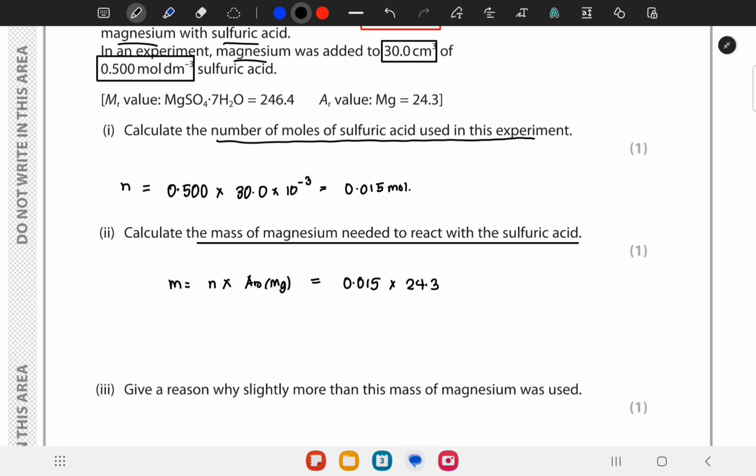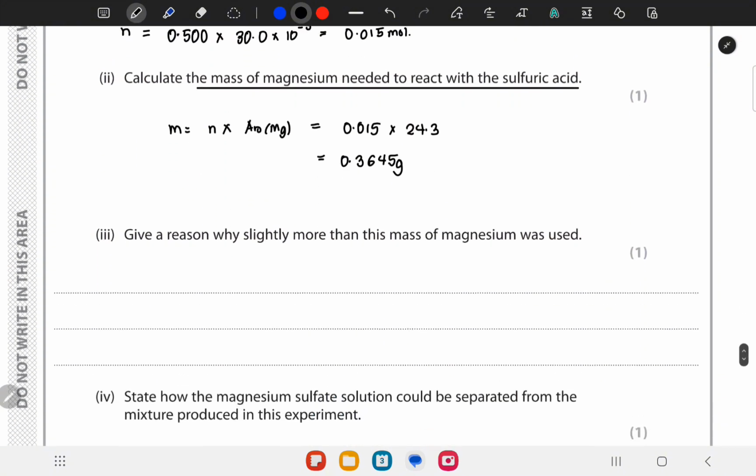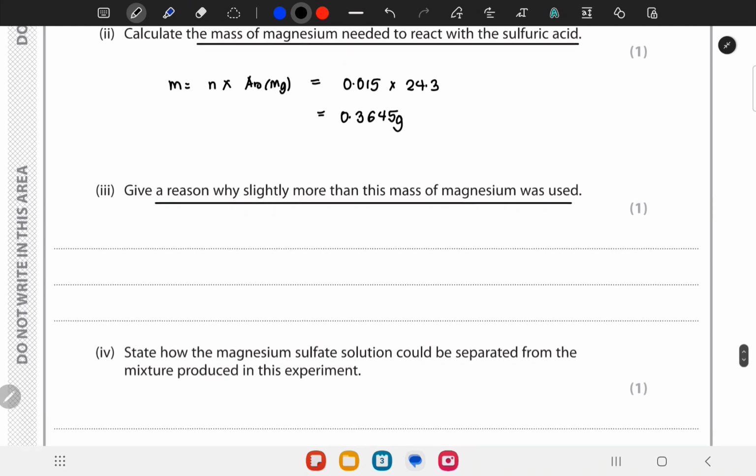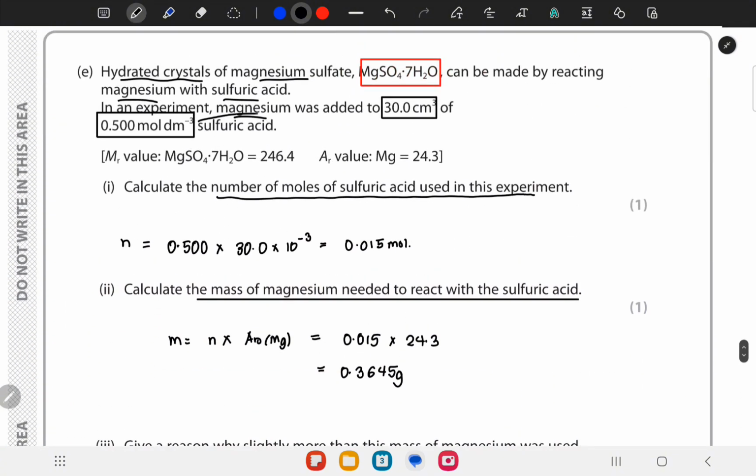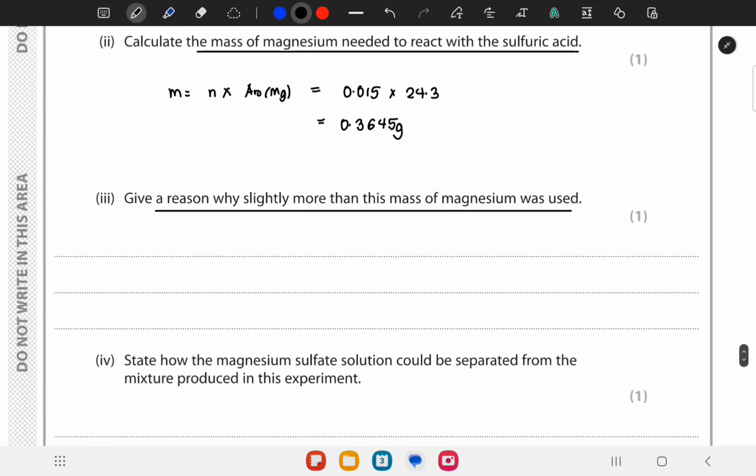We found it in the previous part. This will come out to be 0.3645 grams. We'll give a reason why slightly more than this mass was used. We do this so that the sulfuric acid is the limiting reagent in this case. So we'll use excess magnesium to ensure that all of the sulfuric acid is used up.